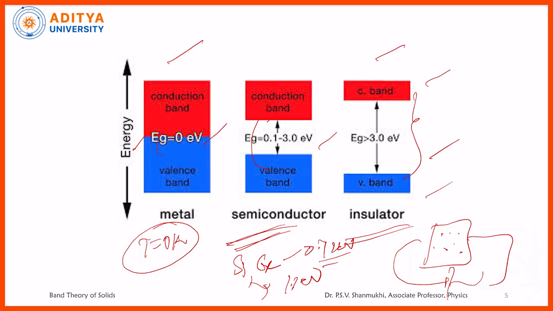If the energy gap is equal to 0, such materials are said to be conductors. If the energy gap is less than 3 electron volts, it is said to be a semiconductor. If the energy gap is more than 3 electron volts, it is said to be an insulator. In that way, solids are classified into 3 categories based on the energy gap.